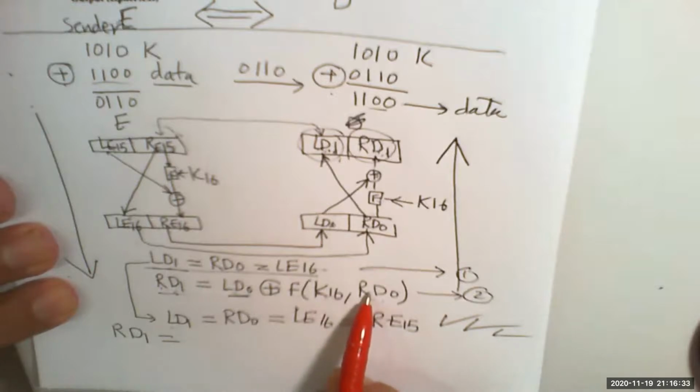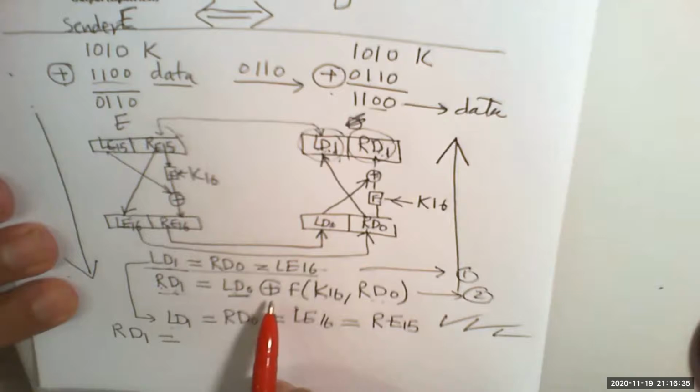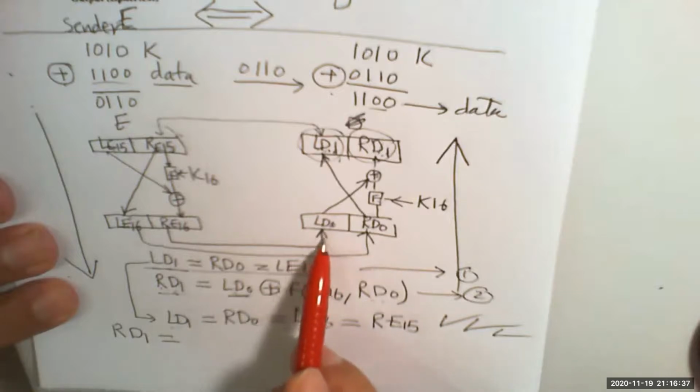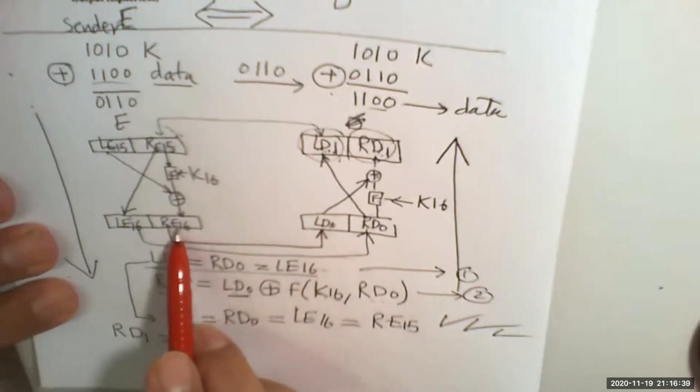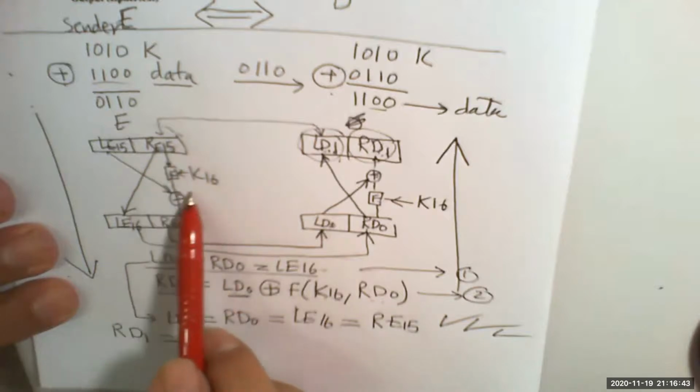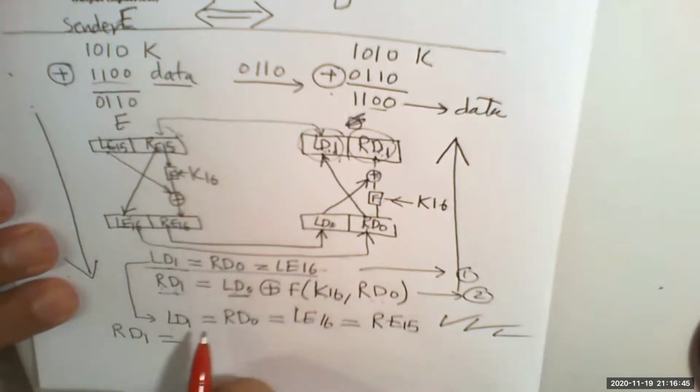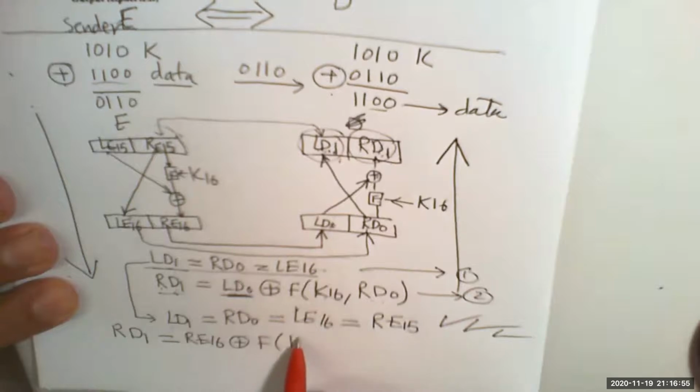And we understand now why is that. But I go to LD0, I found it RE16. RE16 is what? RE16 is the XOR of something. So I just change LD0 to be RE16 XOR F of K16 and RD0.